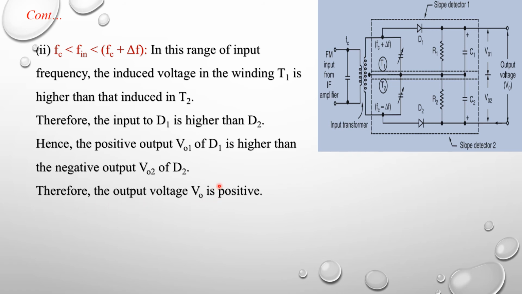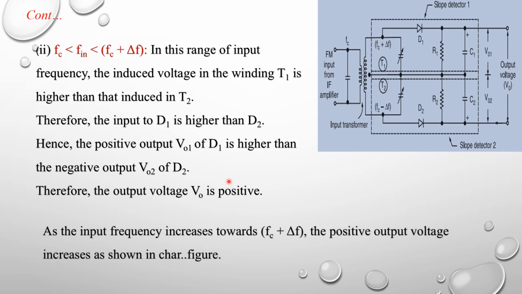We know that resulting output voltage V output is equal to V01 minus V02. So V01 is the positive value and V02 is the negative value. So resulting output V0 is the positive voltage. As the input frequency increases towards Fc plus delta F, the positive output voltage increases as shown in this figure.